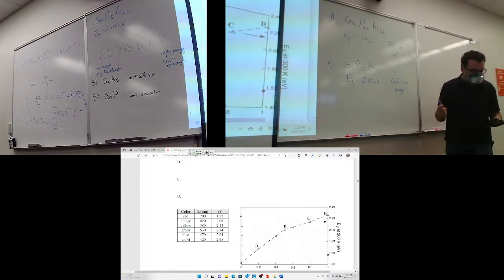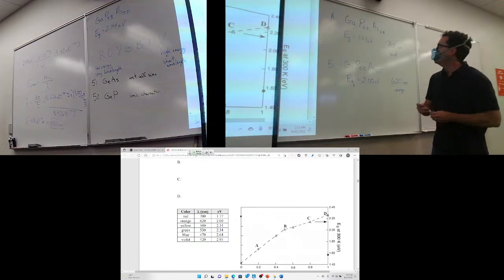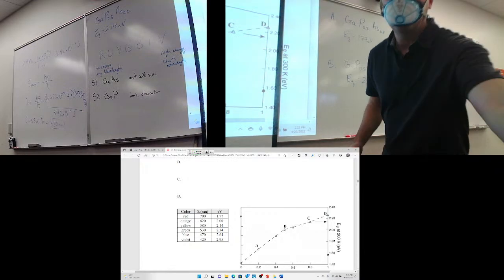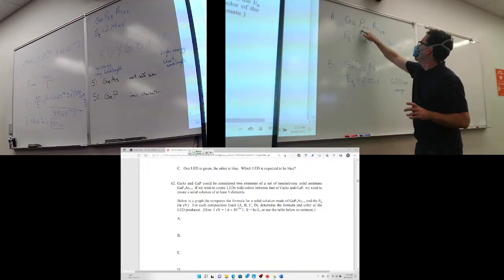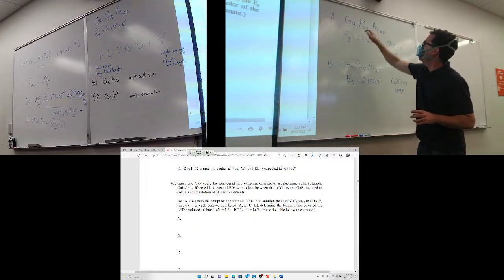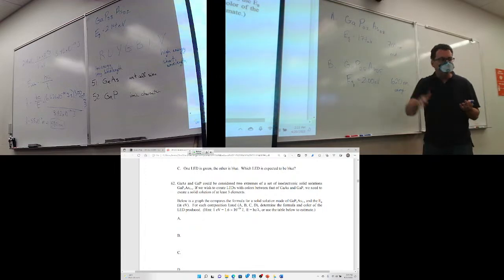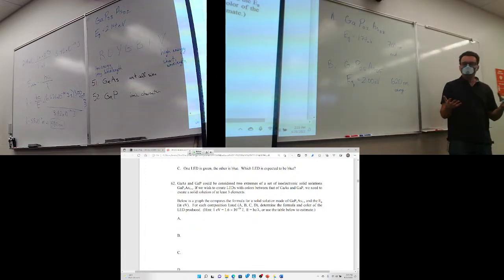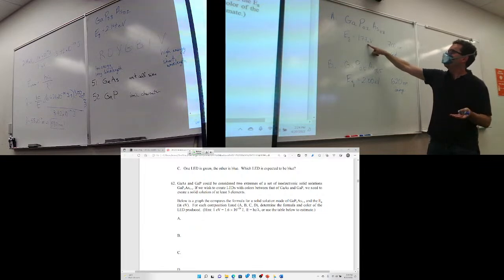Now let's think about why we get these colors. We haven't talked about that yet. So notice that with gallium, which has a lot of arsenic and a little bit of phosphorus, arsenic is bigger. Bigger atoms make bigger unit cells, longer bonds, and longer bonds translate to smaller band gaps. So notice the band gap is 1.7.